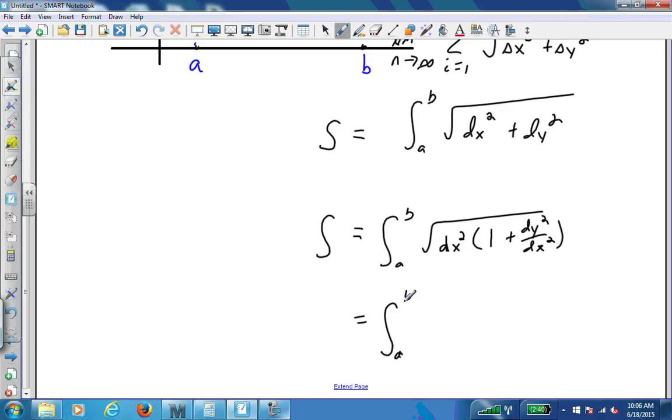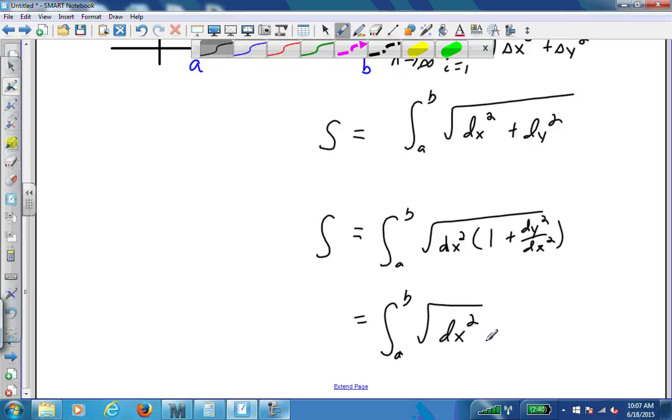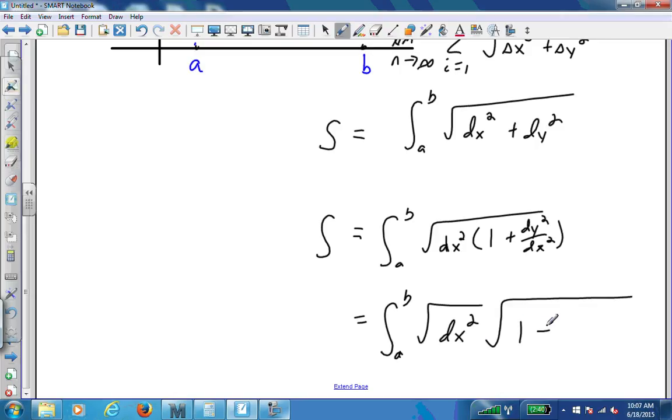So that's the integral from a to b. We have two separate square roots here, so let's call this the square root of dx squared times the square root of 1 plus, instead of dy squared over dx squared, let's call that dy over dx all squared.